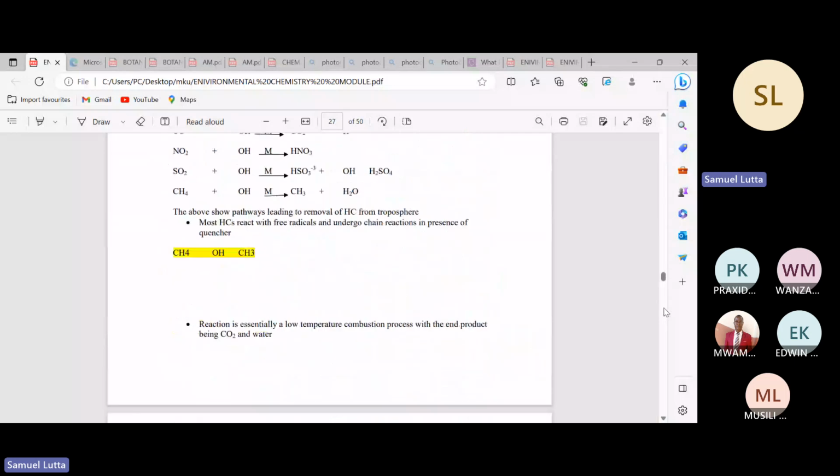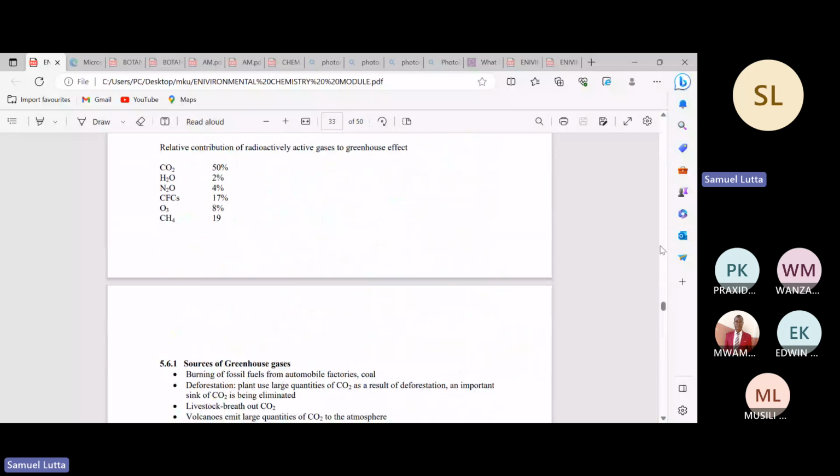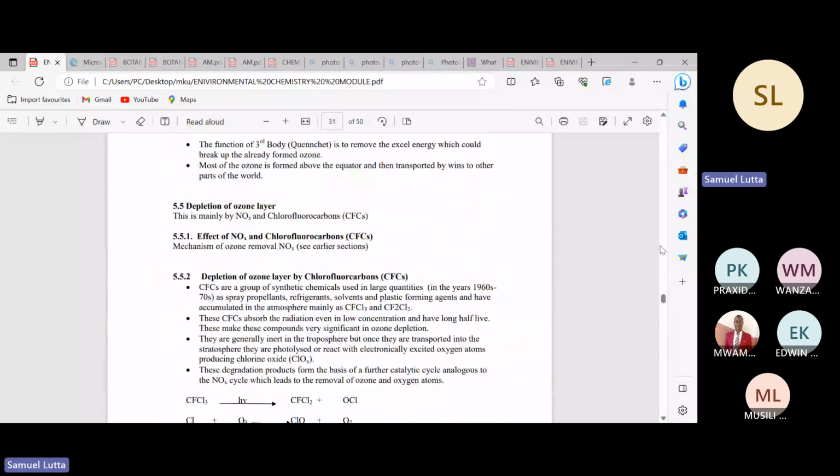So the oxide can remove this one. I think maybe in the notes for formation of photochemical smog, you have that particular reaction. So the major depleters of ozone, as we shall see, are the NOx, the nitrogen oxides, and the chlorofluorocarbons. Chlorofluorocarbons are compounds consisting of chlorine, fluorine, and carbon. And they do this through what we call free radical reactions, as we are going to see.